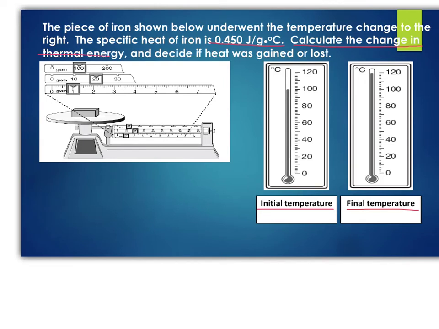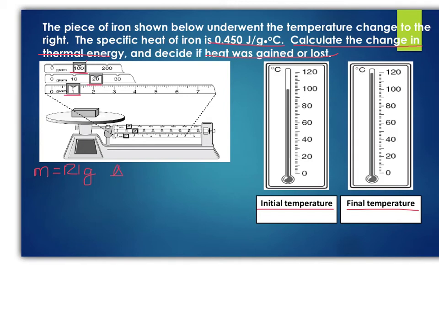And we also want to decide if heat was gained or lost. So we look at the triple beam balance and we determine what our mass is. 100, that's 120 and 1, so 121 grams.